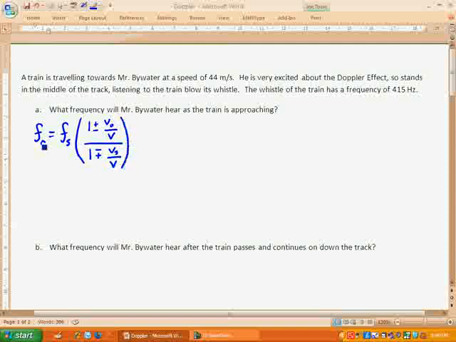Okay, so keep in mind that the O means of the observer, the S means of the source, and then the V, which doesn't have any subscript, is the velocity of the sound itself, which is not going to change as we go through the Doppler effect.